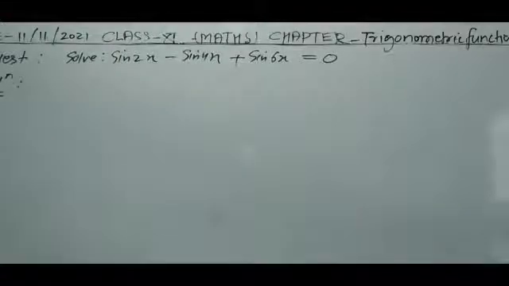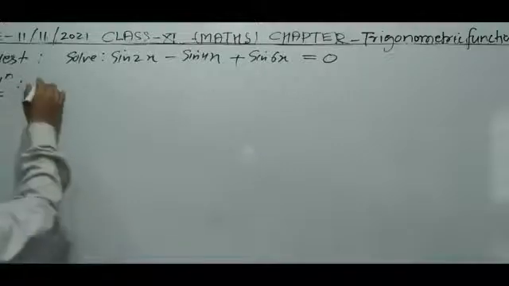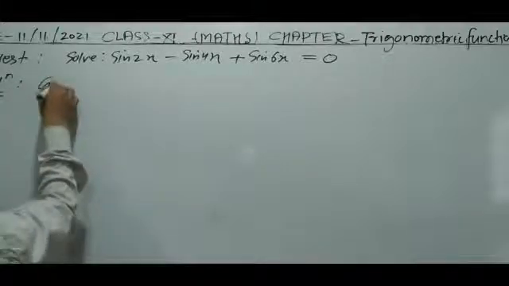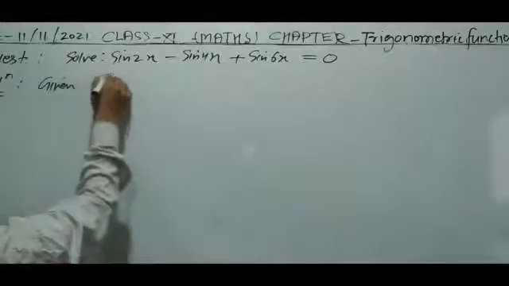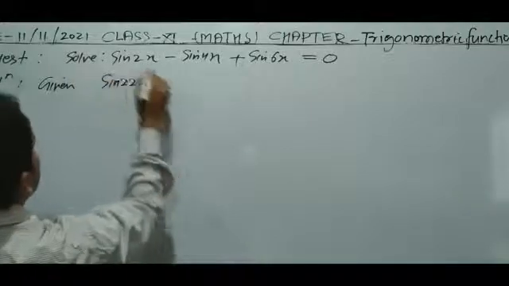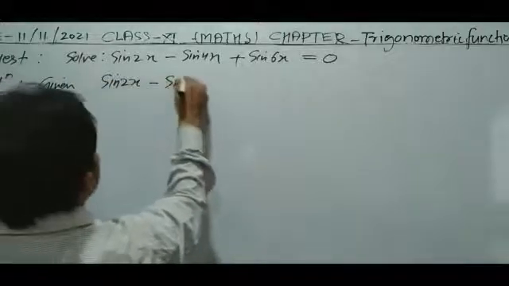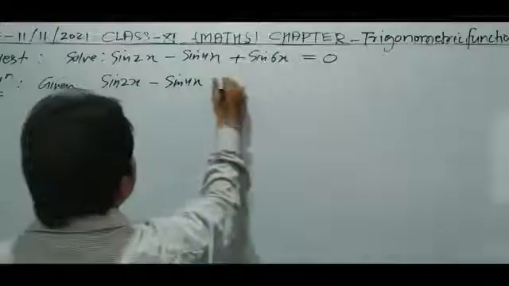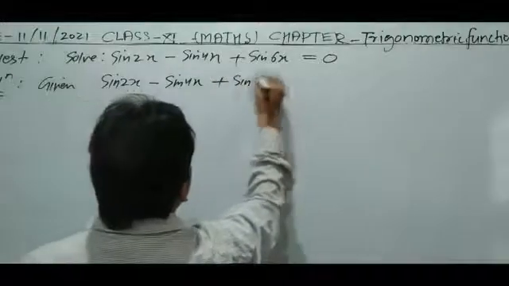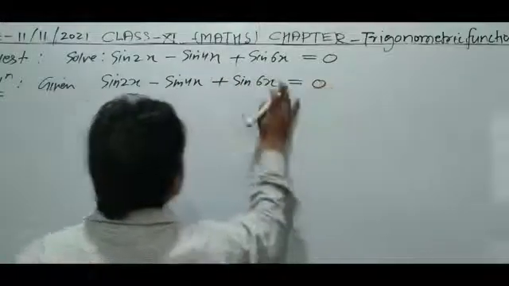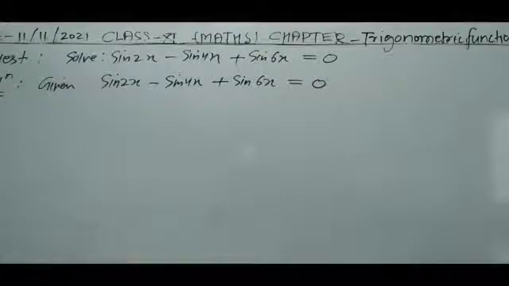So the given expression is sin 2x minus sin 4x plus sin 6x is equal to 0. This is our expression, and we have to simplify.